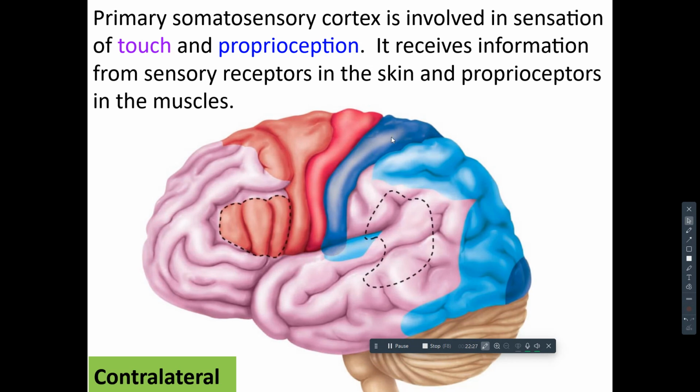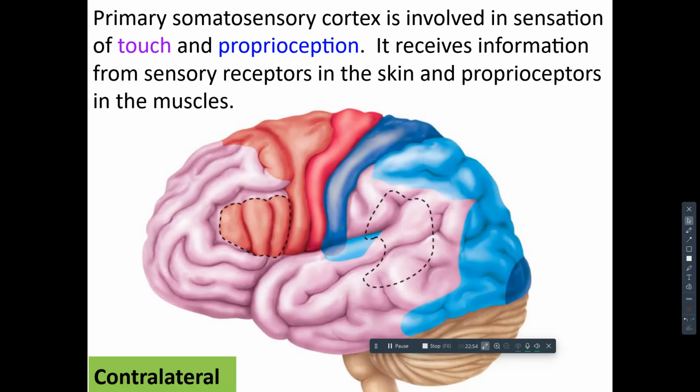We also have proprioceptors in our joints, muscles and tendons that let me know about my limb position and joint position. This sense of body awareness is called proprioception, and my proprioceptors also send signals up to my primary somatosensory cortex.